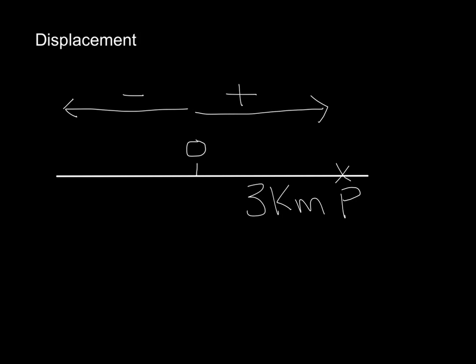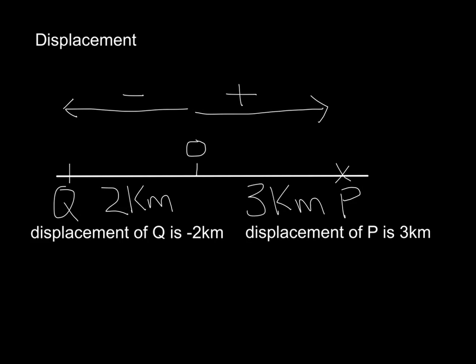We say the displacement of point P is 3 kilometres. And supposing I have another point here, Q, which is 2 kilometres, but it's in the other direction, it's to the left of the origin. We say the displacement of Q is minus 2 kilometres. And in kinematics, the symbol that's usually used to describe displacement is the symbol S.